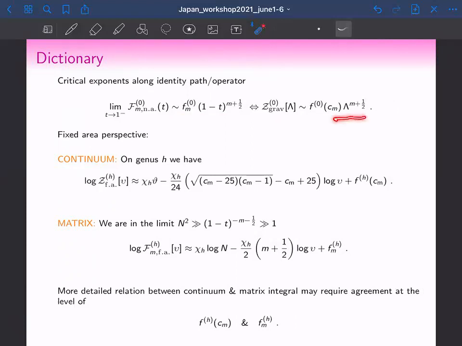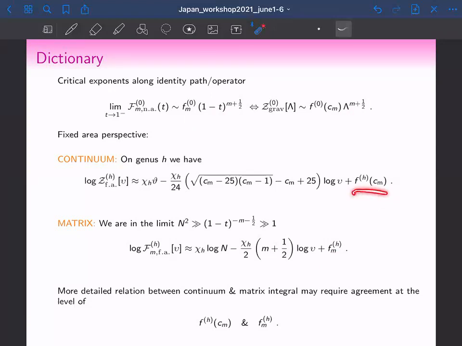In the continuum picture, we had lambda to the power of m plus 1/2, so these match each other. The critical exponents have been studied well, but how do we get more evidence in favor of this conjecture, and in particular possibly get a realization of the 2-sphere in the matrix integral, an understanding of where the sphere is in the matrices?